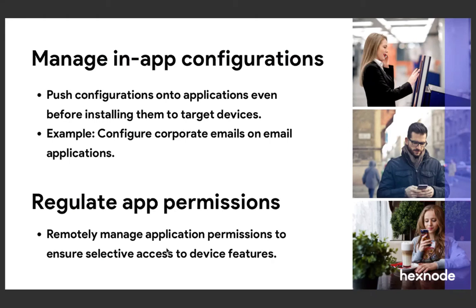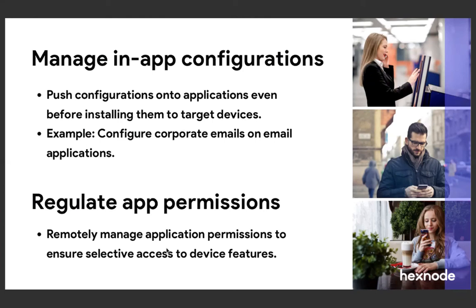So those kinds of in-app configurations will be supported when you enroll devices through device owner setup or Android Enterprise setup. One thing you need to make sure is that the app that is pushed should support app configuration, so that it can be pushed as an XML file. The app configurations can be pushed as an XML file, and it will push those configurations onto applications. So that's the app configuration.